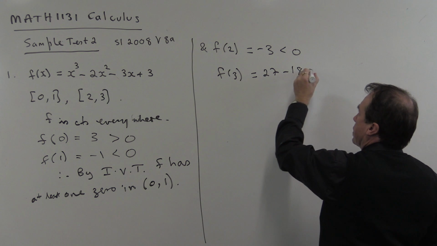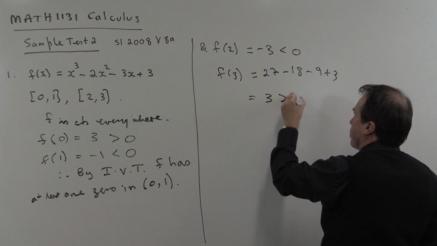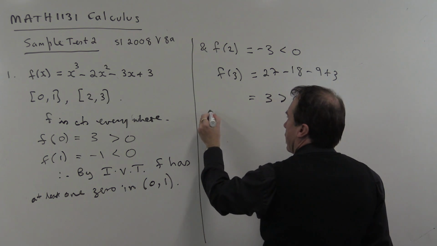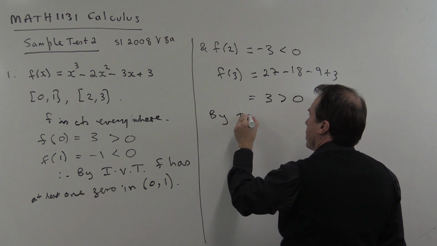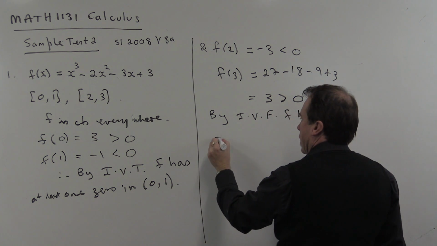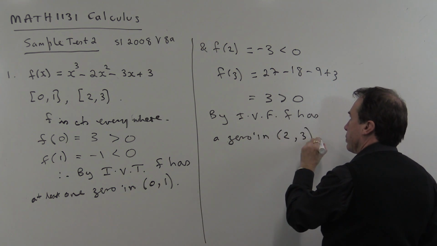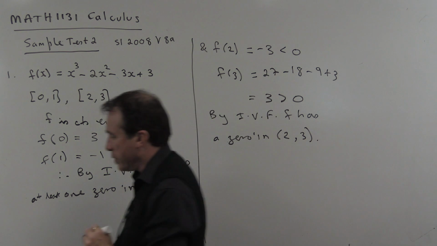And then I get minus 9 plus 3, and that comes out to be 3, which is positive. And therefore, again, by the intermediate value theorem, f has a 0 in the interval between 2 and 3. And that's all that's required for that first question.